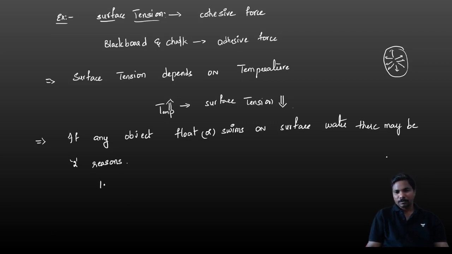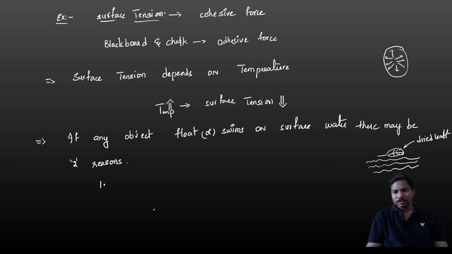First one, for example, if this is the water, and on the surface of water one leaf is floating. What is the reason? Let's take a dried leaf.